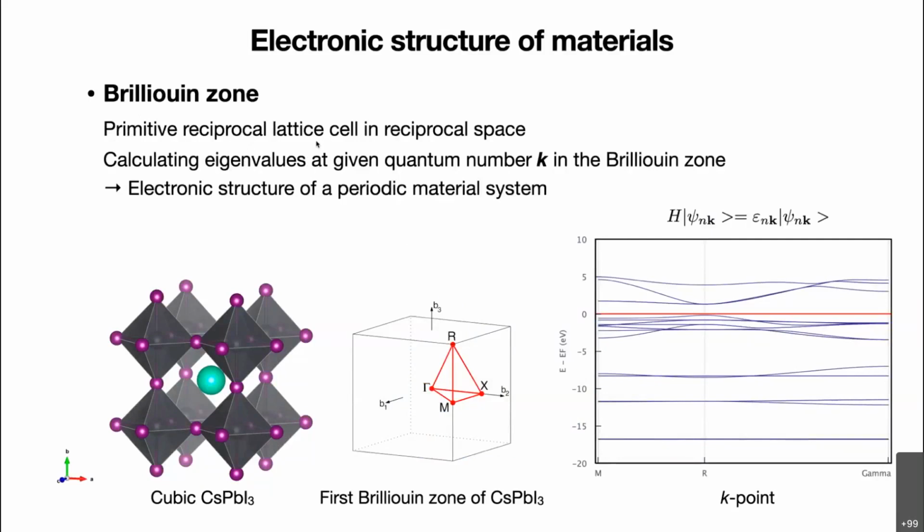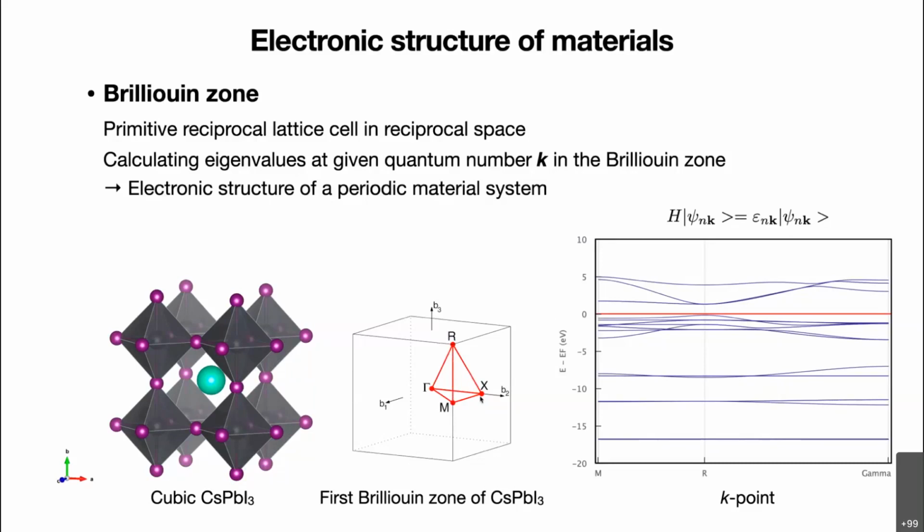So you can regard this Brillouin zone as the unit cell in reciprocal space. To get the eigenvalues at a given k point, we have to solve the Schrödinger equation at given k points in this Brillouin zone. Calculating eigenvalues at given k points in the Brillouin zone means understanding the electronic structure of a periodic material system.